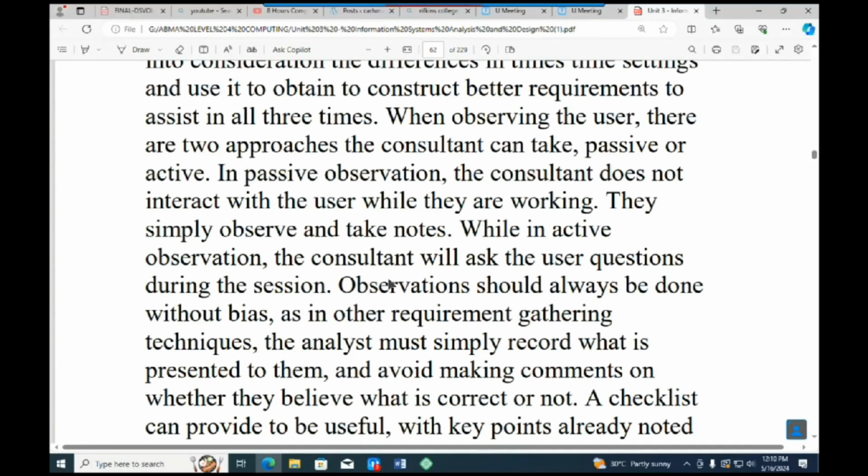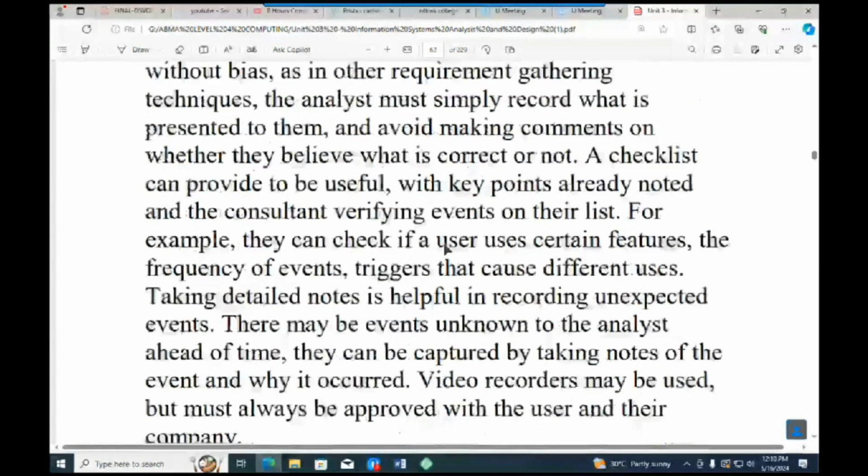If you compare this with other requirement gathering techniques, the analyst must simply record what that user presents to them, and should avoid making comments on whether they believe what is correct and what is not correct. You just pick what the user presents to you as a response. You do not make comments.